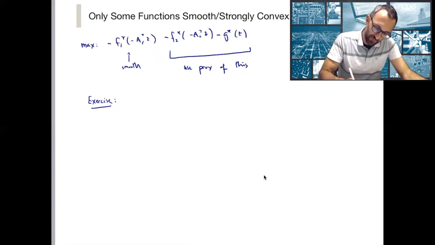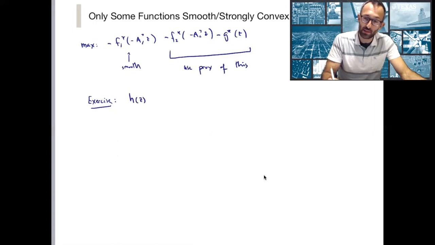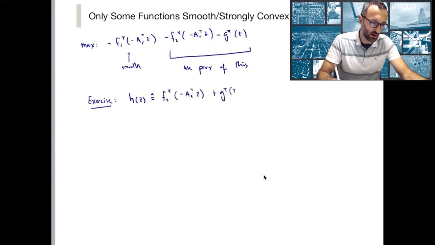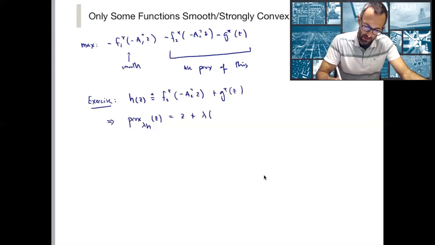So if we let h of z be this composition here, I'll leave out the minus sign. So if I define h of z as F2 star of minus A2 transpose Z plus G star of Z, then the prox of H is equal to Z plus lambda of A2 x2 hat minus y hat.